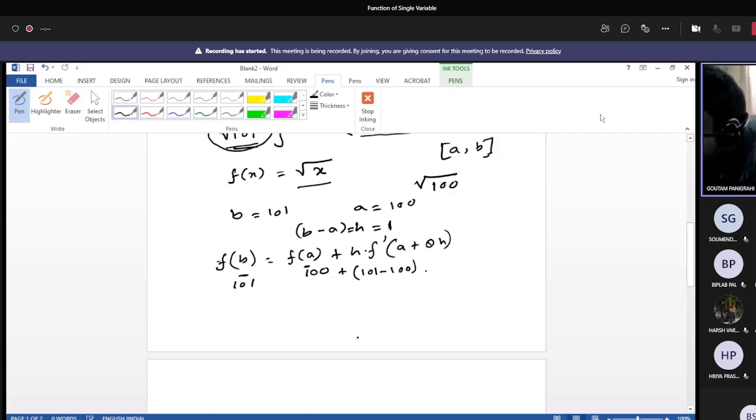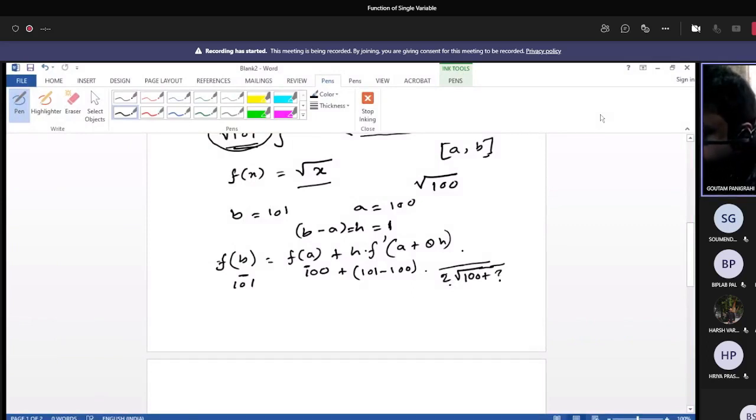f dashed of (a plus theta h) will be 1 by 2 root (a plus theta h). We don't know this intermediate point.